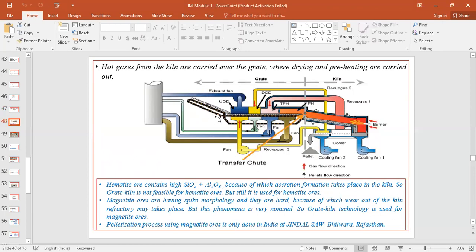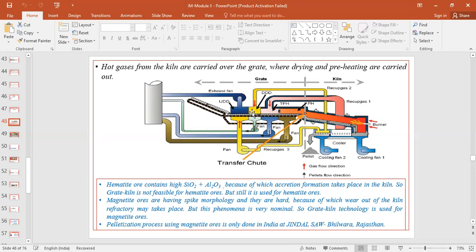And this is the double deck screening system, where green pellets are screened between the size range of 8 to 16 mm, and the undersize and oversize pellets, that is pellets of minus 8 mm size and plus 16 mm size, will be returned for the pelletization, and the 8 to 16 mm size range pellets will be subjected to the induration process.